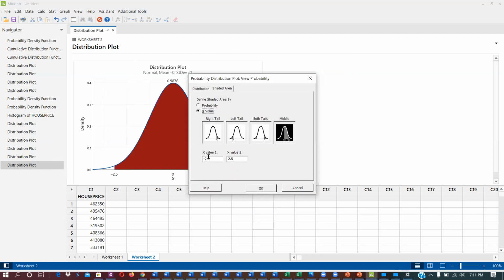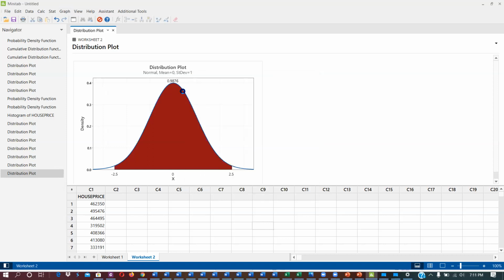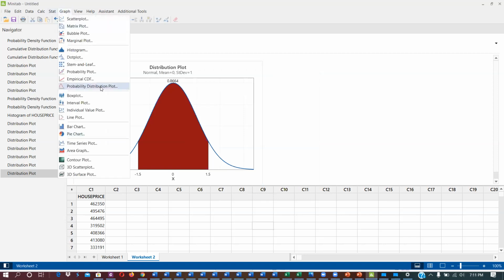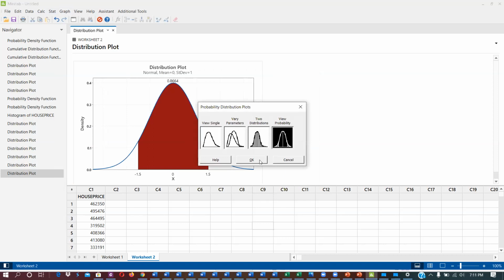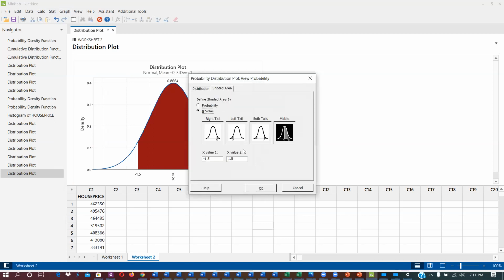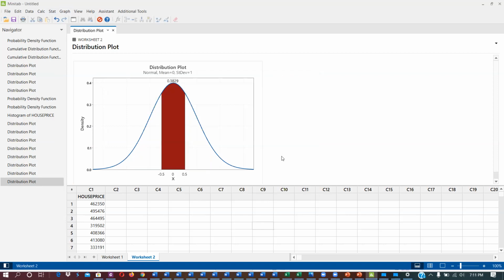And here is 1.5 to 1.5. This is 86%, which is 3 sigma. And the last one, 0.5 to 0.5, is 38%.